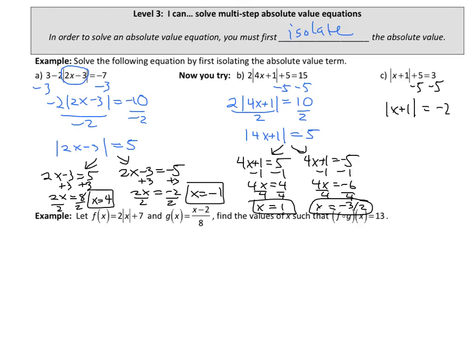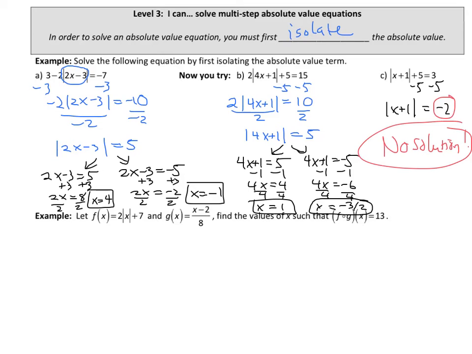And remember from level 2, if you ever have your absolute value set equal to a negative number, there is no possible way that the absolute value expression will ever come out negative. So this is no solution. If there is a negative number, once you get the absolute value isolated, you just stop right there. Don't split it into two equations. Don't continue. It's just no solution.